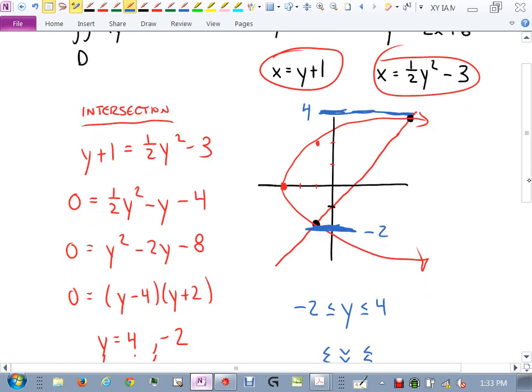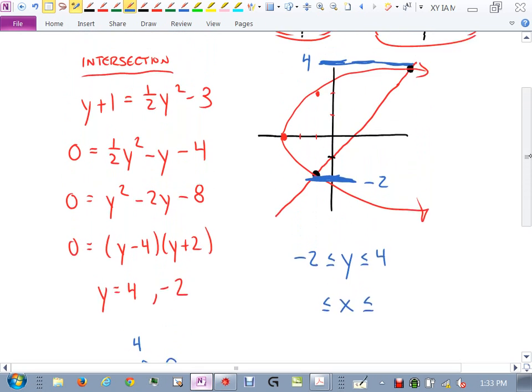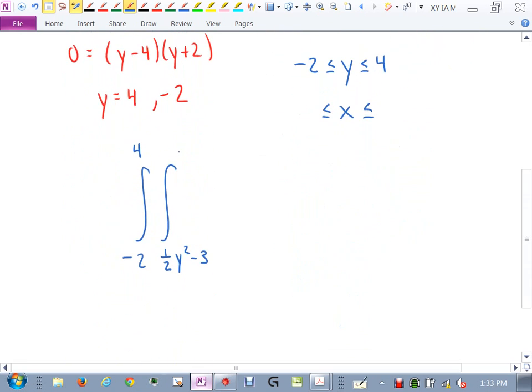So we'll have 1/2 y squared minus 3 on the bottom. And on the top, what is it? Y plus 1. And then what's the thing that we're integrating? xy, right? And then the order of integration, dx dy.